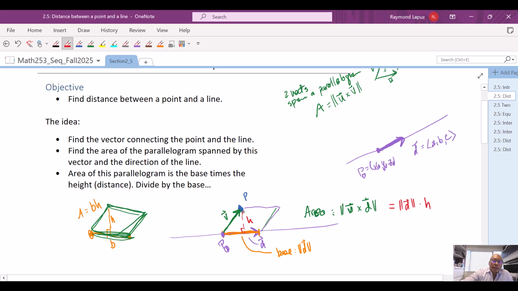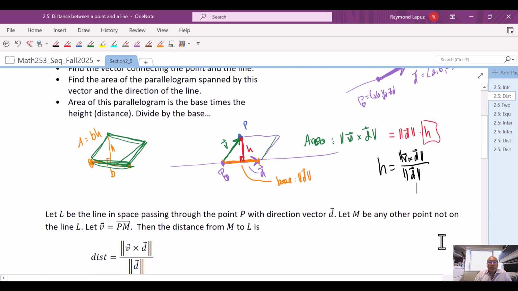It turns out that this distance here from the point to the line is, in fact, the height that we're looking for. So if we solve for h here, h is equal to the magnitude of the cross product of v and d, divided by the magnitude of your direction vector. All right, a little bit neater.